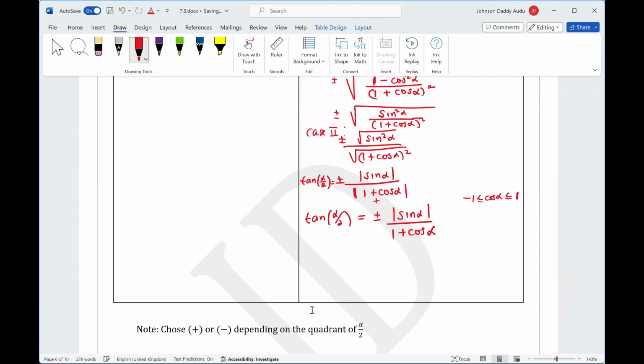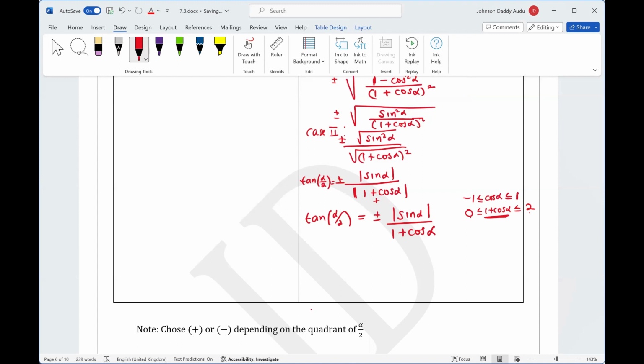Now, if you add 1 to every side of the inequality, -1 plus 1 is 0, and 1 plus 1 becomes 2, right? So it means that 1 plus cosine alpha is always between 0 and 2. So it can never be negative, and since it can never be negative, you can remove the absolute value, right? Okay, so that is why we remove the absolute value.